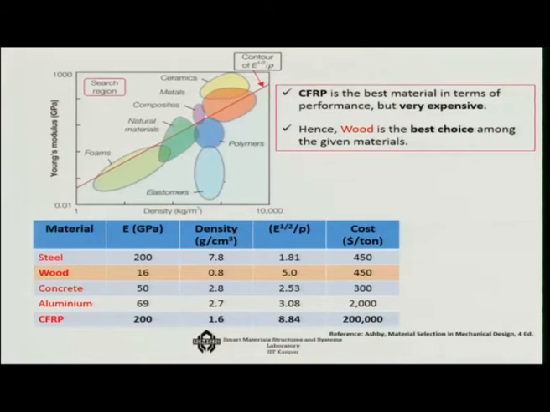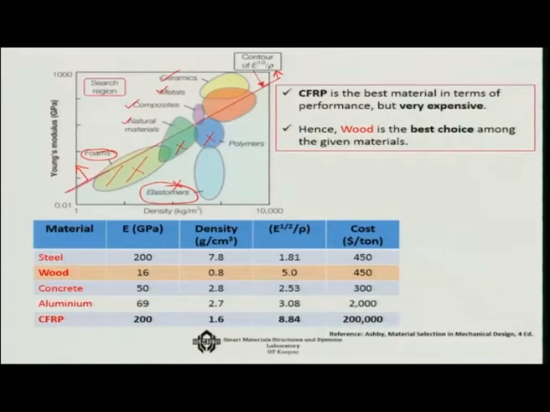You have very lightweight elastomers here, and foams which are even lighter, but corresponding to our fixed cutoff value, many materials are not actually suitable. The elastomers are not suitable, a group of foams, a group of natural materials, and a group of polymers are not suitable. Materials above this, that is some natural materials, some composites, some metals, some ceramics are suitable for us because they are above this region.